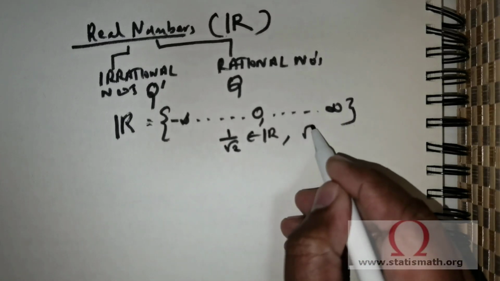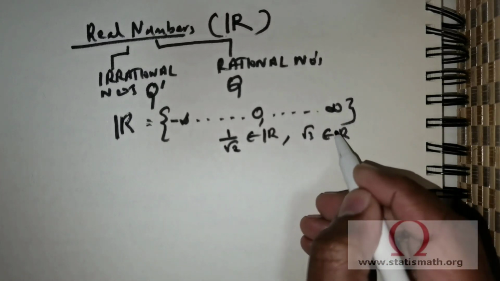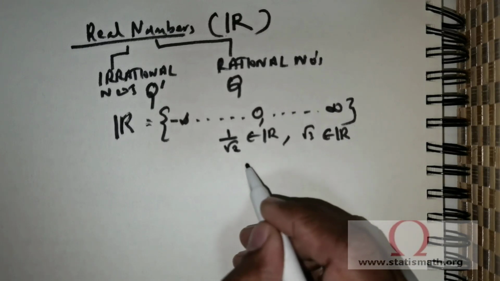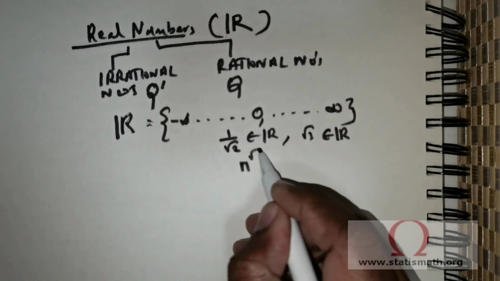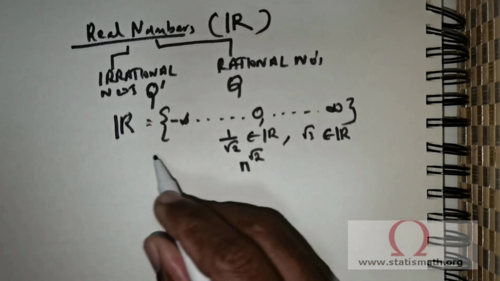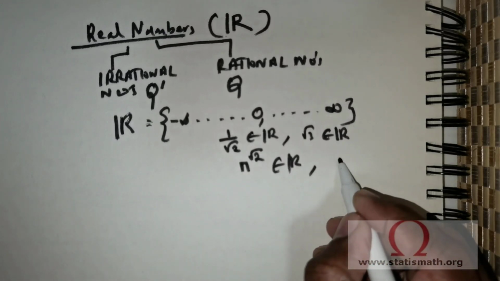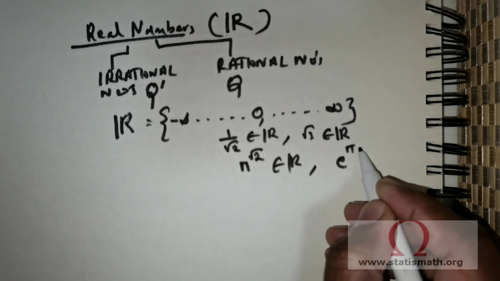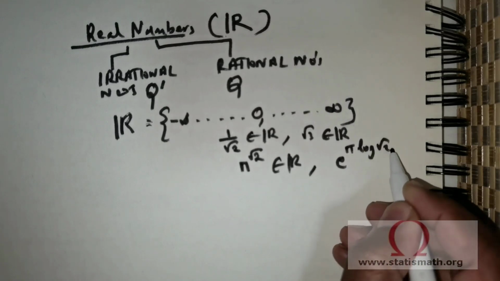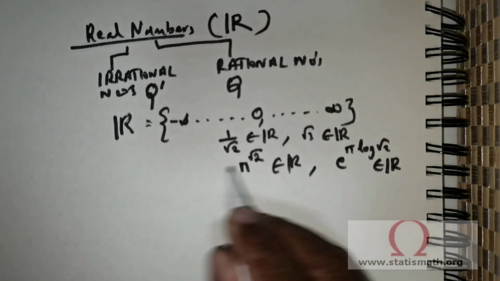Root 3 will be an element of the real number system. Pi raised to the power root 2 will again be an element of the real number system. Or e raised to the power pi times log root 2 will again be an element of the real number system.